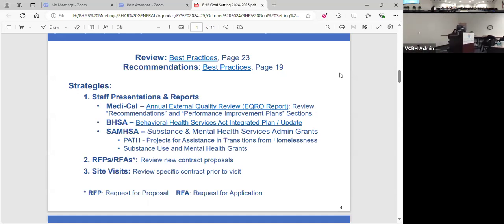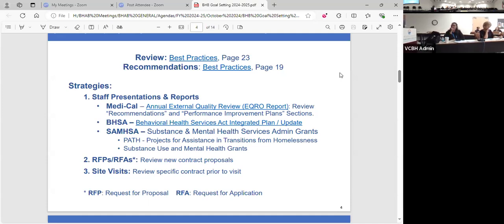And we'll talk about that in your goals as well. And then SAMHSA, which is Substance Abuse and Mental Health Services Administration grants, they have a lot of areas where they do track data. And in all these categories, Medi-Cal, BHSA, and SAMHSA, the county is doing a lot both within their internal organization as well as contractors with contracts that tap into this funding.